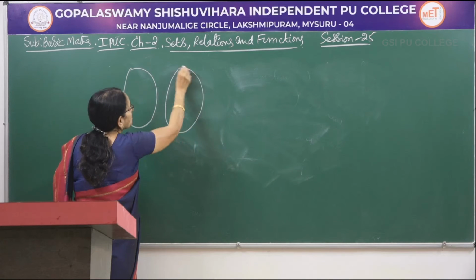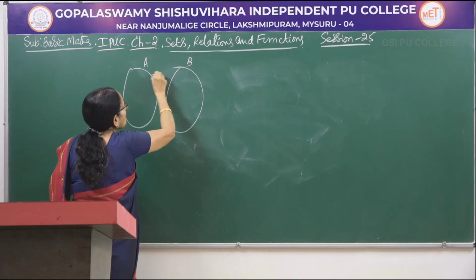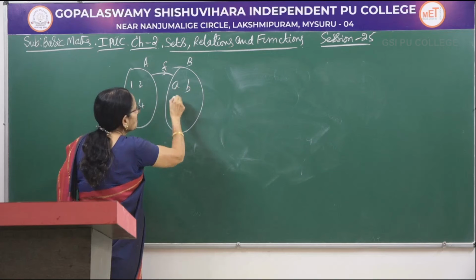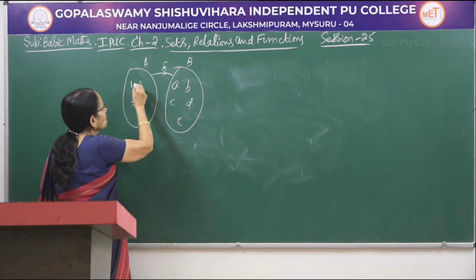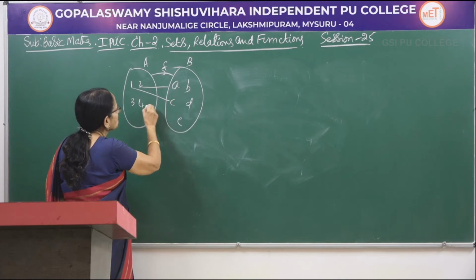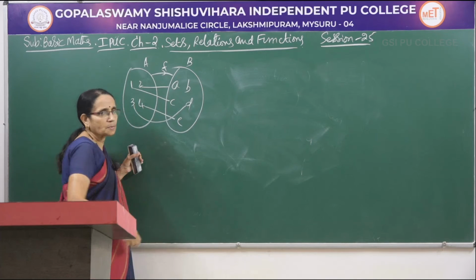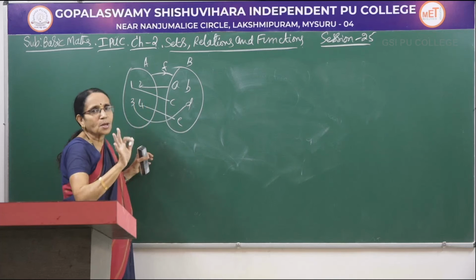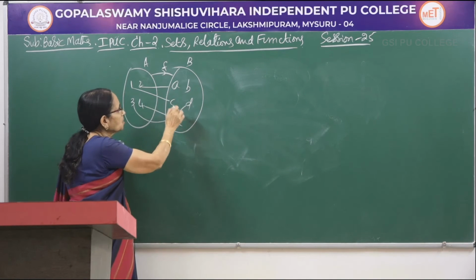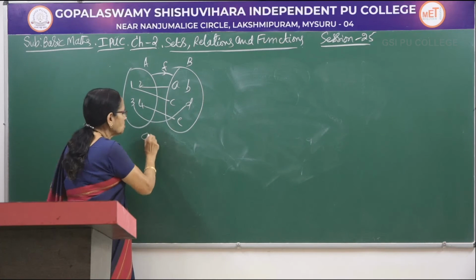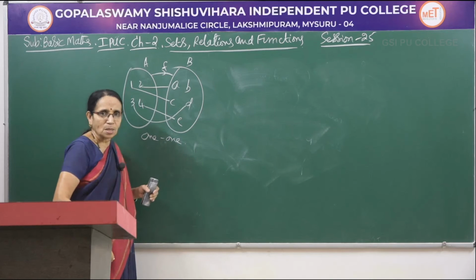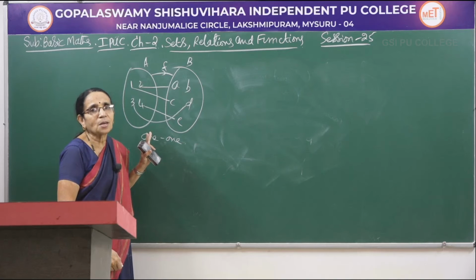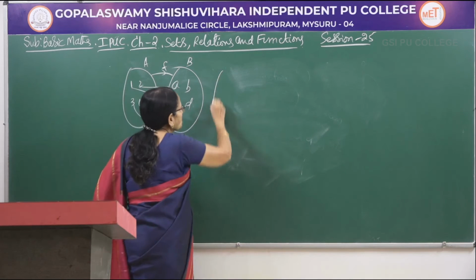I am considering different examples. 1, 2, 3, 4 and A, B, C, D, E. What is this function? 4 elements are there, 1, 2, 3, 4, and 4 images are there. It is 1, 1. Correct? The 4 elements of the domain have 4 different images in the codomain. It is a 1, 1 function.